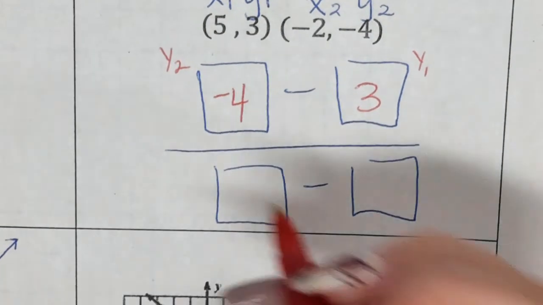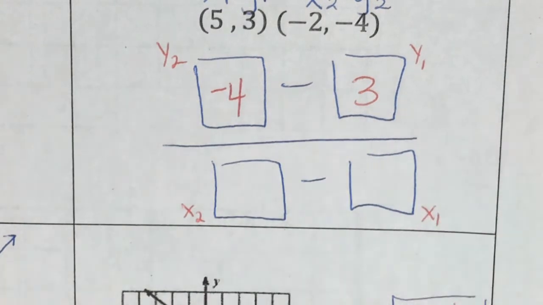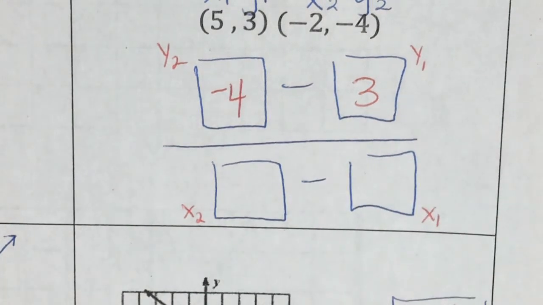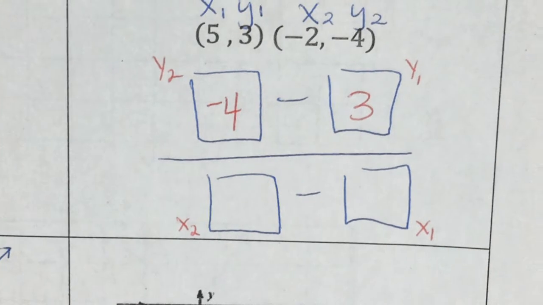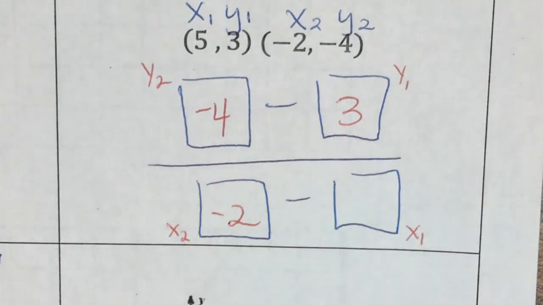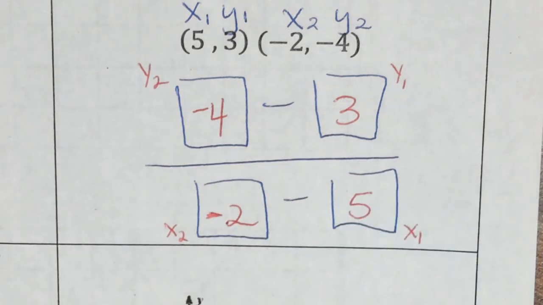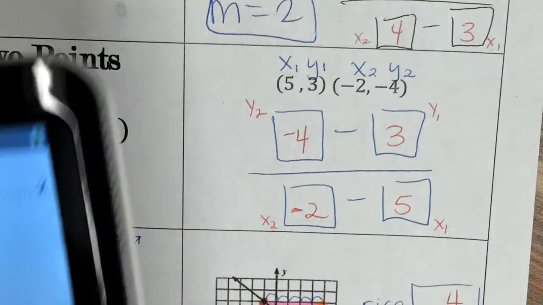Okay. Down here the formula says X2 goes over here and X1 goes over here. What number did I label X2? -2. And what number did I label X1? 5. All right, so I go to my calculator to alpha y equals, and I simply type that in.